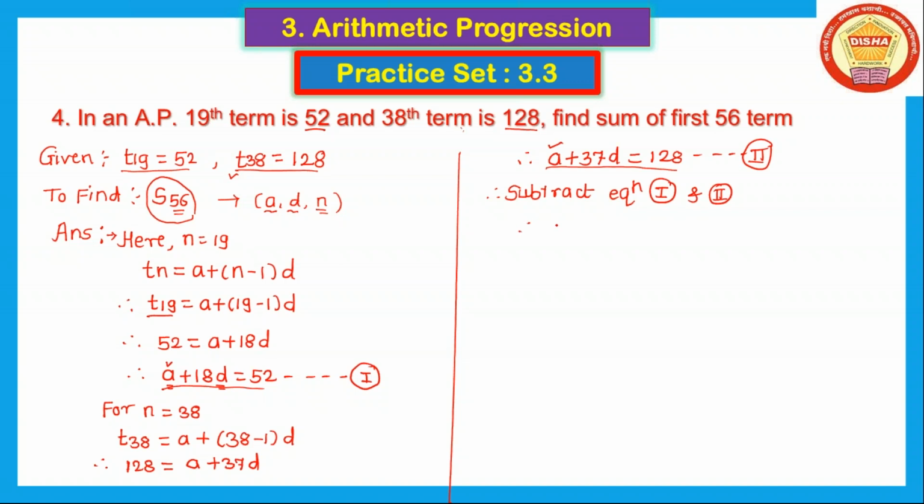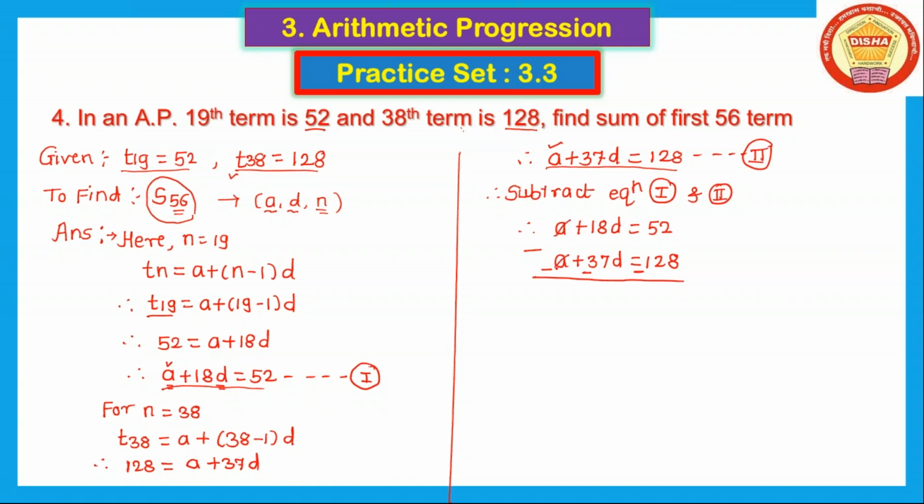So we take these equations here. A plus 18D is equal to 52. We take the second equation, A plus 37D is equal to 128. And here we do subtraction. We already know that the signs of the terms present in the second equation are changed during subtraction, which means plus A becomes minus A, plus 37D becomes minus 37D, and plus 128 becomes minus 128.